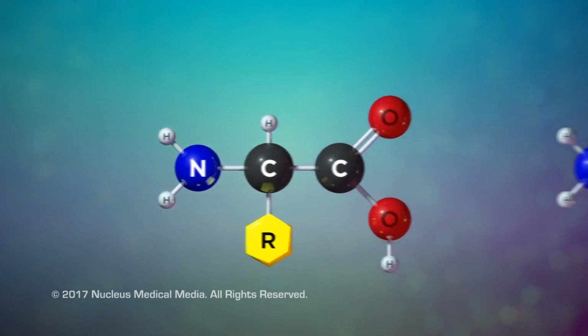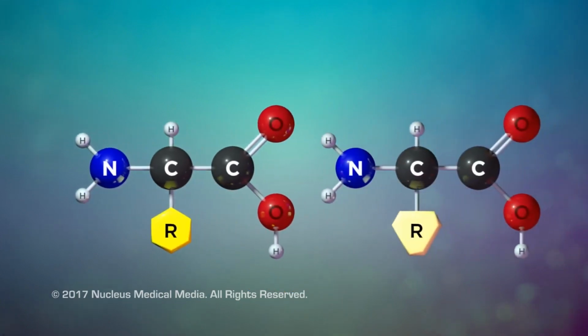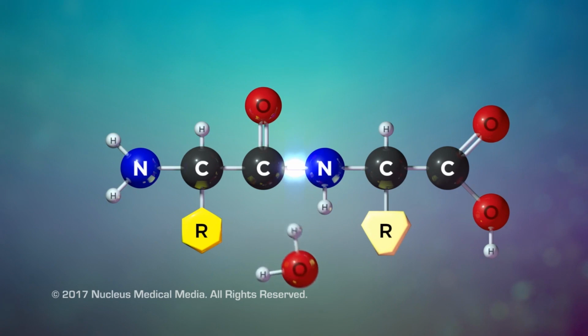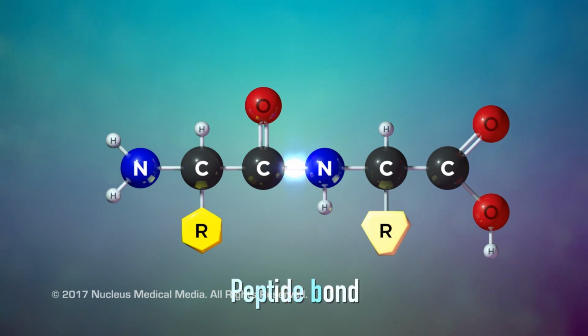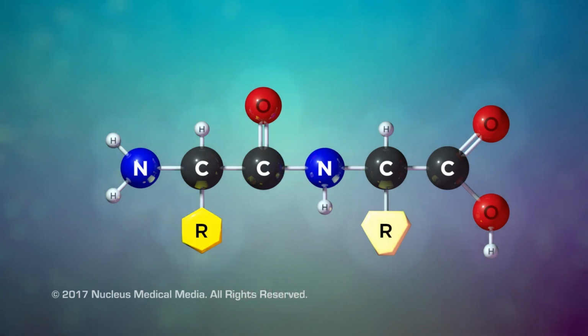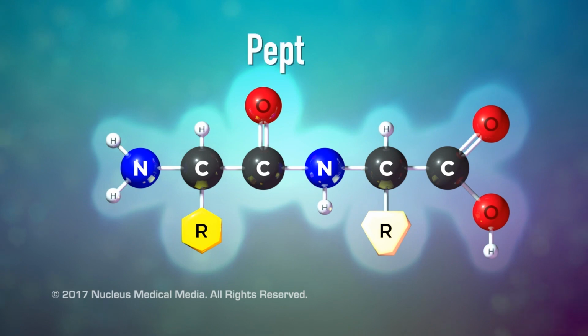A protein is created when amino acids chemically bond to each other. The bonds that connect amino acids to make a protein are called peptide bonds. Small protein molecules are sometimes referred to as protein polymers or peptides.